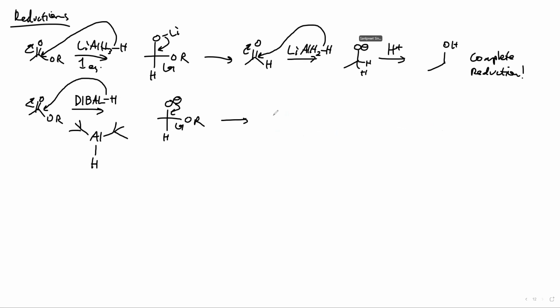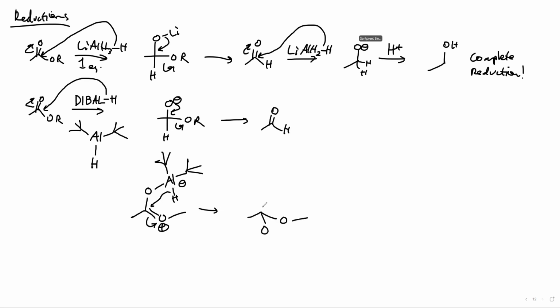Now, in reality, right, DIBAL actually never has to make a choice. Okay, and I'll explain what I mean by that. Why is it that DIBAL doesn't have to make a choice? It's because if I draw what really should be happening, so when we get here, the hydride attacks here, what we get is this.